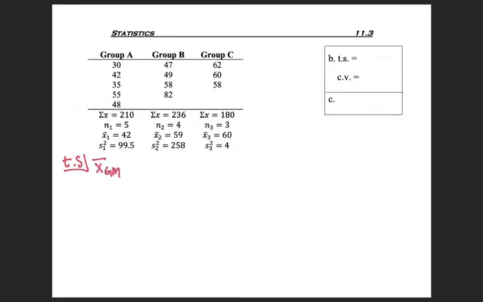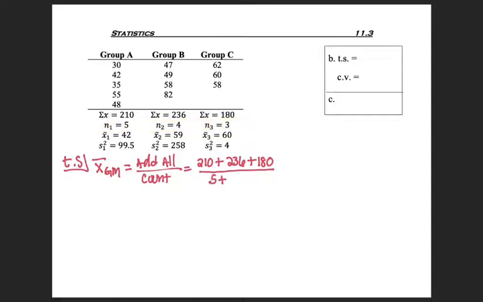I start with finding the grand mean. This is where I'm going to take all of the numbers and divide by the count. So I'm going to add each number from within the list. But again, remember, we've already started taking those totals. So it's much easier to take the 210 plus the 236 plus the 180 and divide by the count, which I've also already indicated.